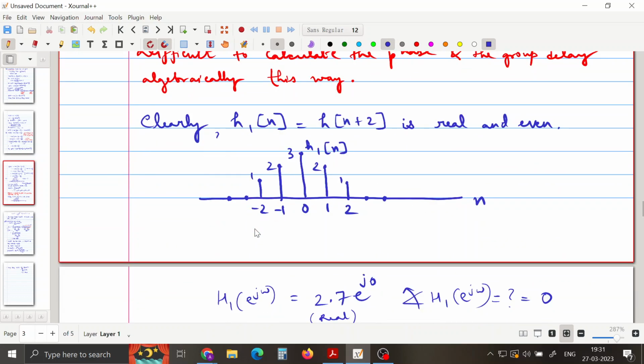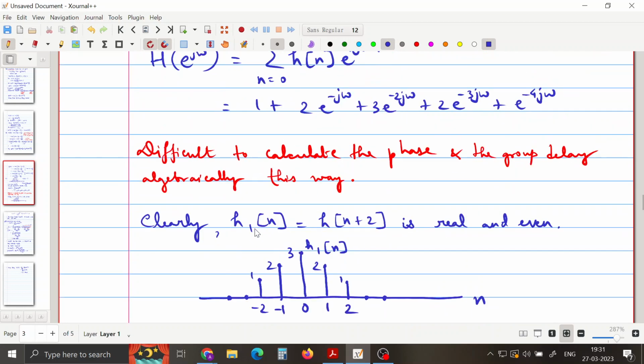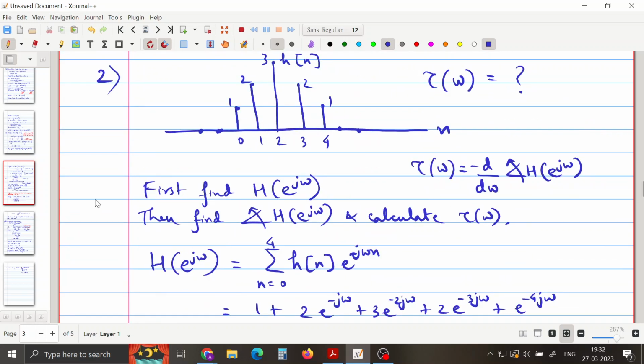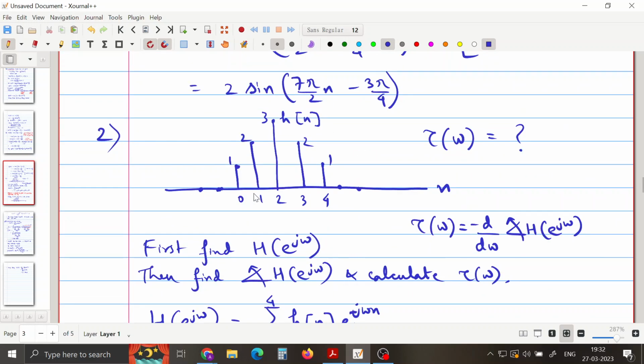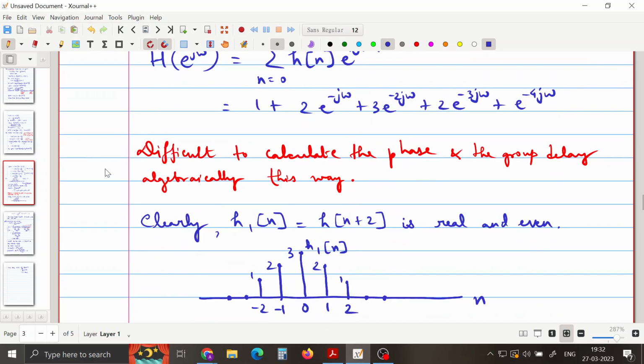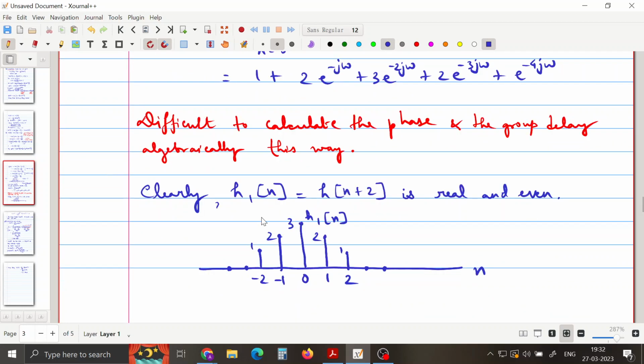So instead, we just observe that this impulse response has a particular symmetry, which is even symmetry, only with the exception that it is centered at n equals 2. But we want an even symmetric signal to be centered at n equals 0, above the origin. We want it to be symmetric around the origin. So that's why we shifted it by 2 samples to the left to get h1 of n.